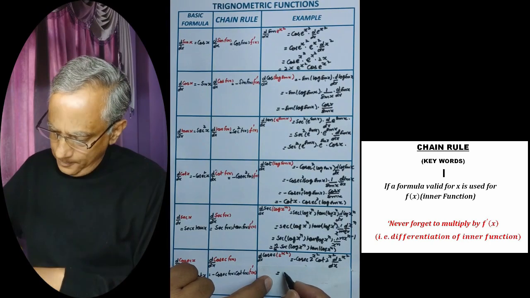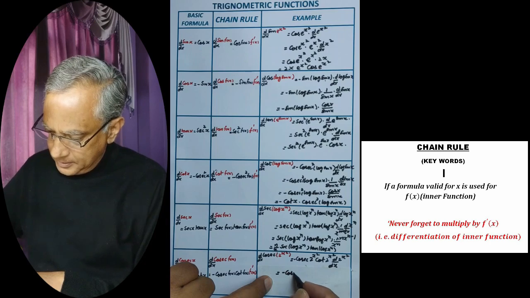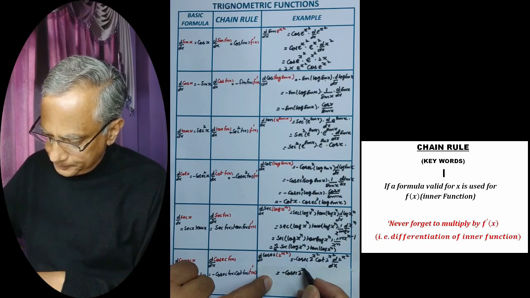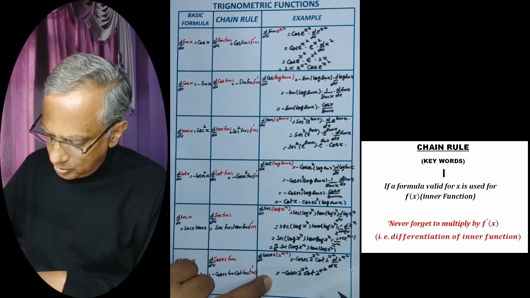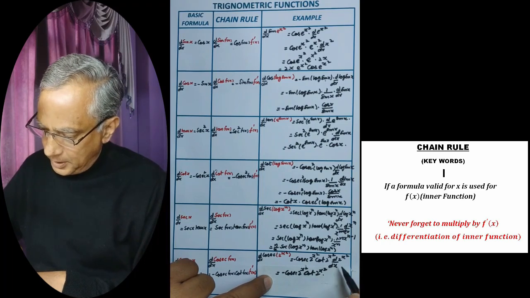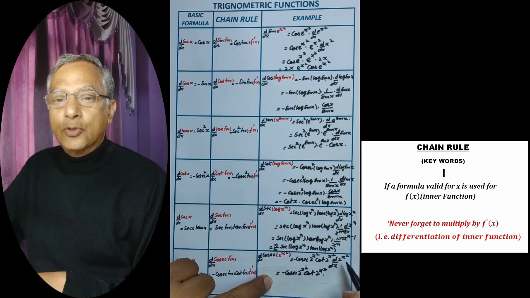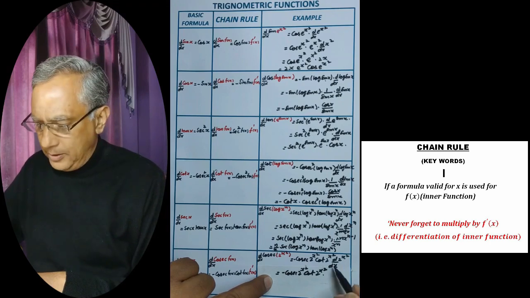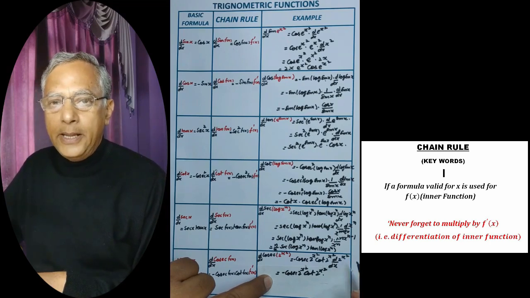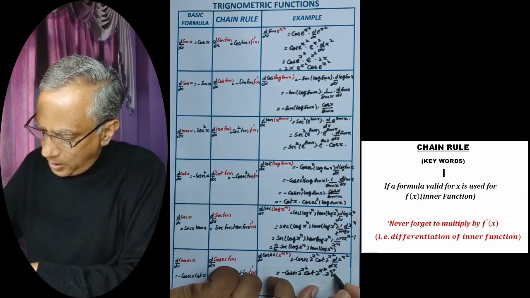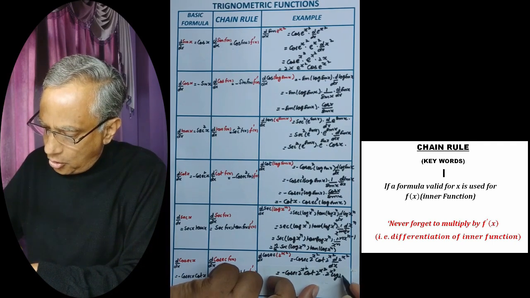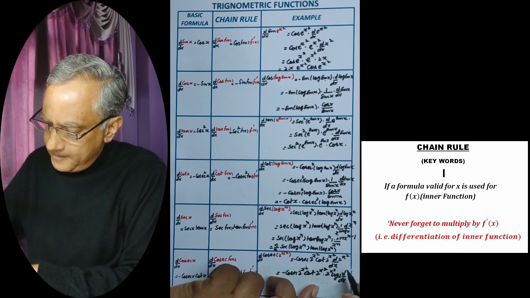And this is equal to minus cosecant 2 to the power of x square cotangent 2 to the power of x square into d by dx of 2 to the power of x square. Now d by dx of a to the power of x is a to the power of x log a. So this will be 2 to the power of x square log 2 into d by dx of inner function.